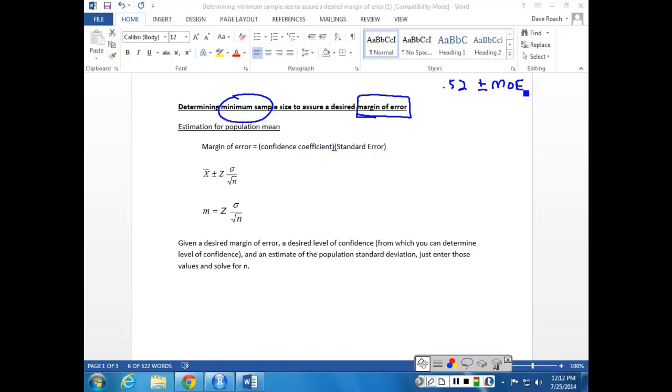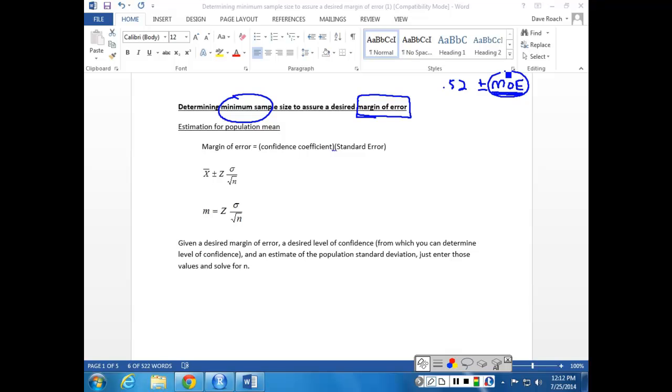Well, what they do is they start with some margin of error and then compute the sample size such that they're guaranteed to have, let's say, a 3% margin of error or a 4% margin of error at a specific level of confidence.